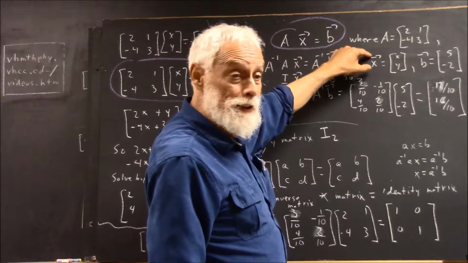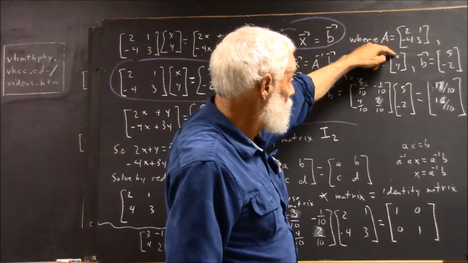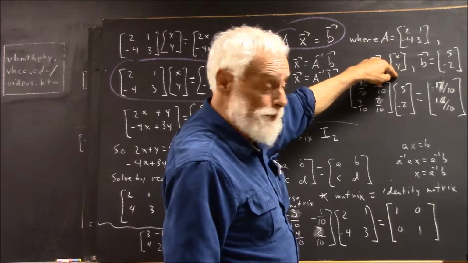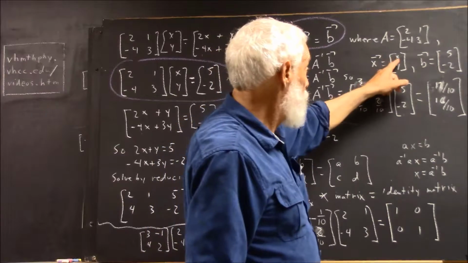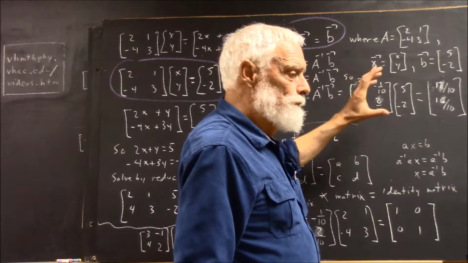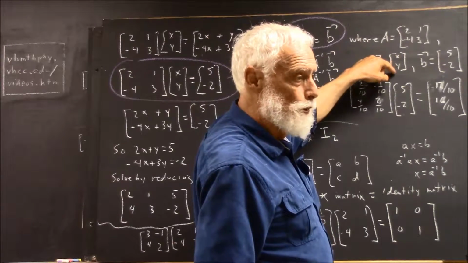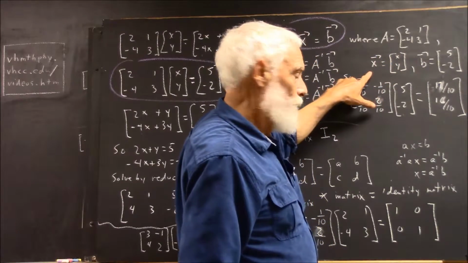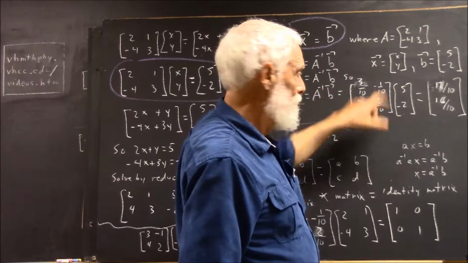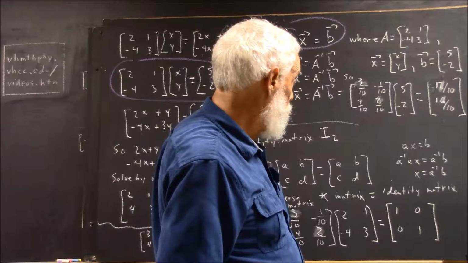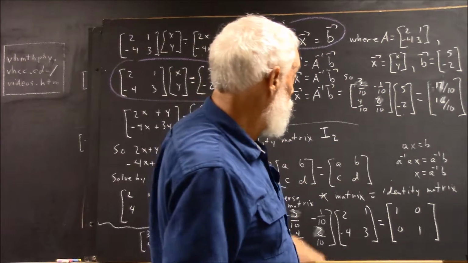So this x is a column vector consisting of the numbers, or the variables, x and y. Now, when we go a little further, we're not going to be using x and y. We'll use x1 and x2, so that both of these numbers are related to x. You'll see that when we get to it. It's a little confusing here, but don't worry too much about it because we're going to change it.